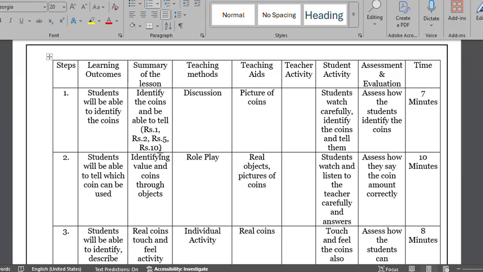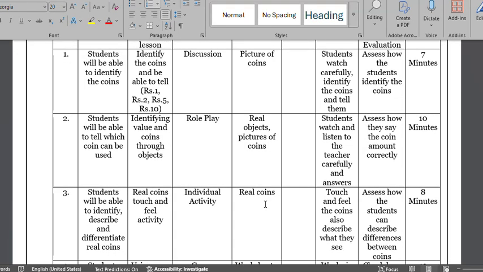For that, the teacher will show pictures of coins to the students and ask what this coin is, and so on. So it will be a kind of discussion. Students will watch and tell what the coins are, and then the teacher can assess how they are answering. And like that, this lesson will go on.